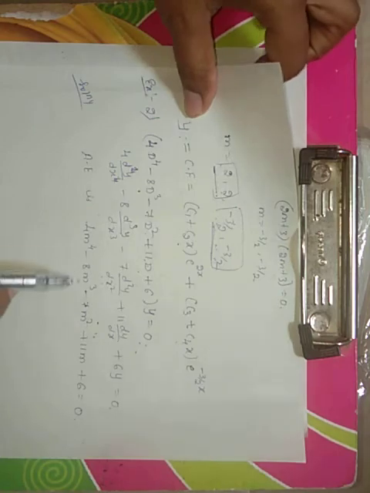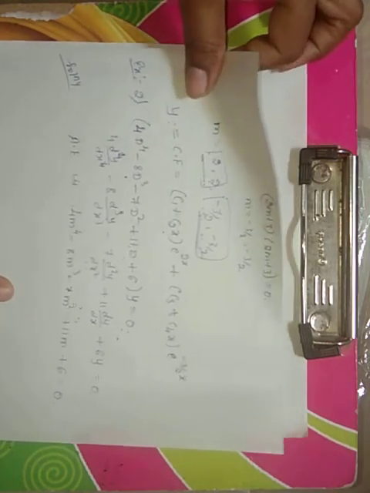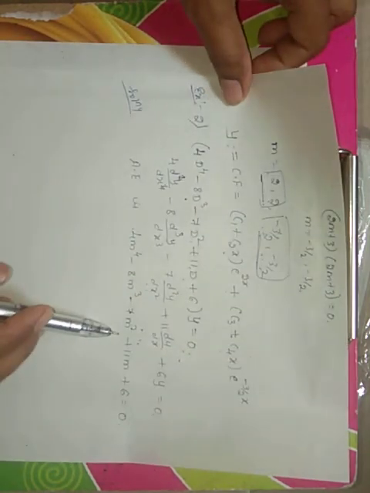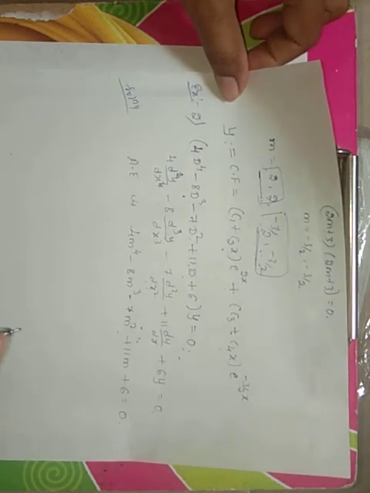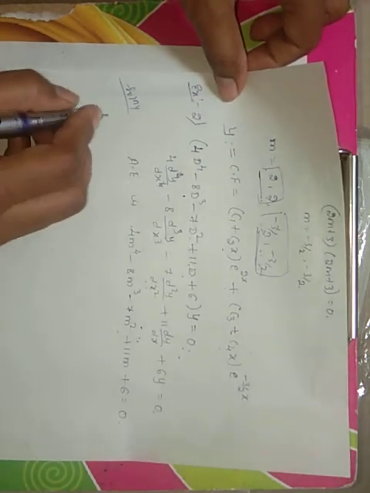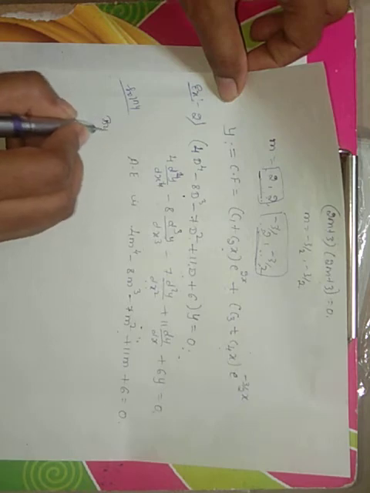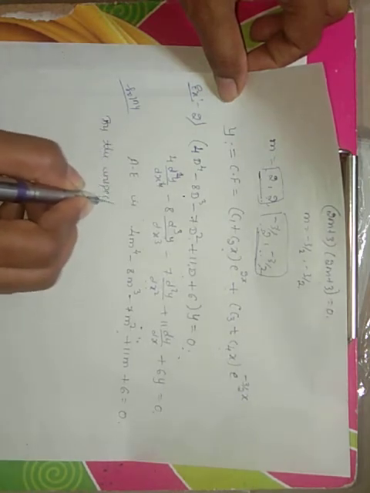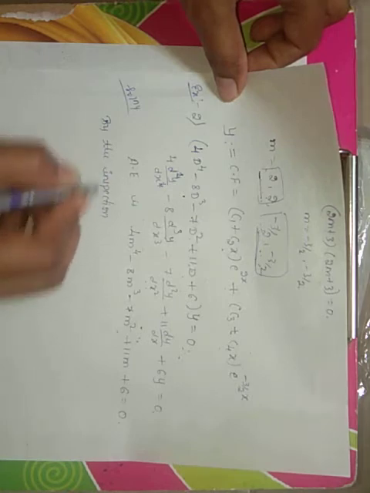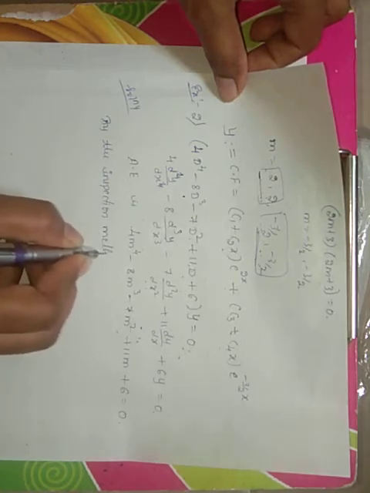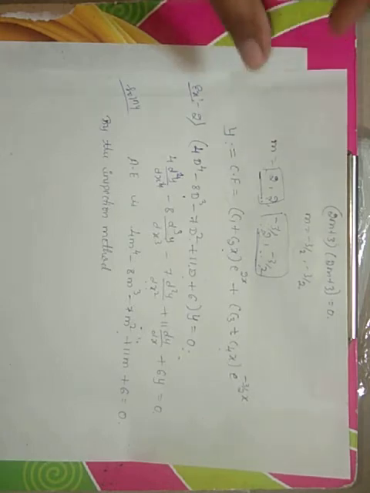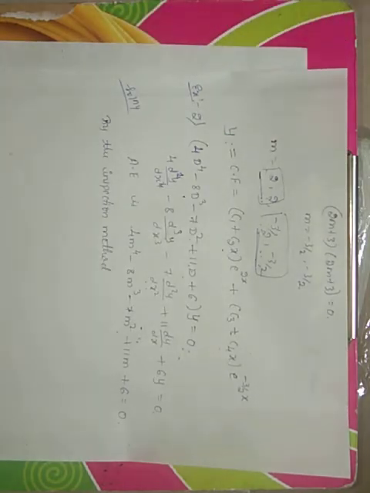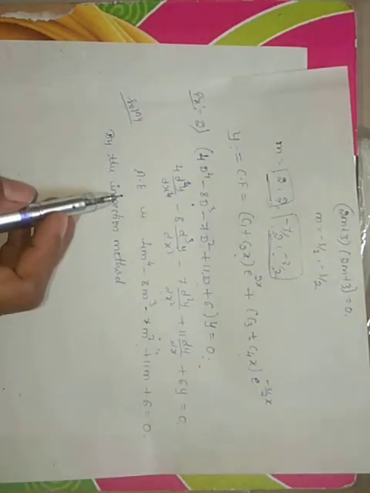So we have to find the 4 roots here, and again this equation is not solved by factorization, so we have to move to the inspection method. By inspection, let us find a value for m.